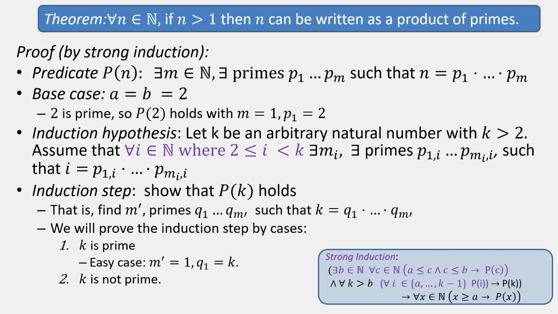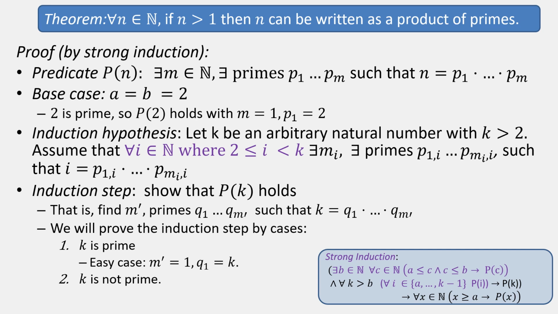We'll start with a predicate that for a number n, there is a number m, which counts how many primes there will be in the product, and primes p1 to pm, such that n is a product of p1, p2, and so on to pm.